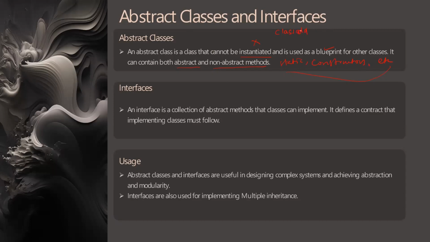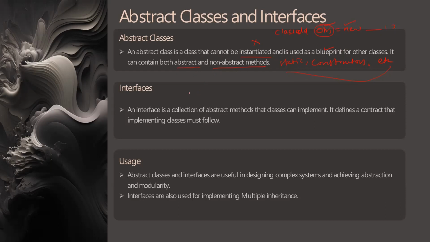For this add class, I'm going to create an object: add obj equals new some class name. Is that point clear? Generally for a normal class you create the object like this. But for an abstract class, this direct way of assigning memory using the new keyword is not possible. So an abstract class cannot be instantiated, and it can be a blueprint for other classes.